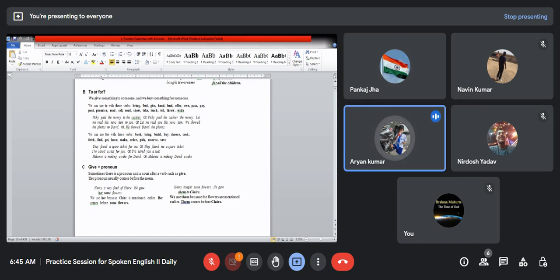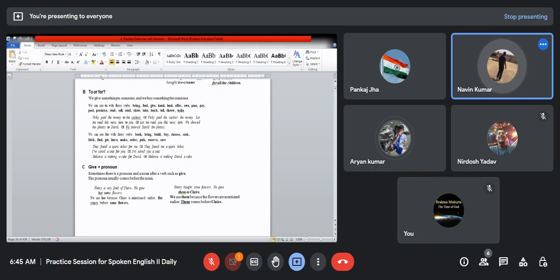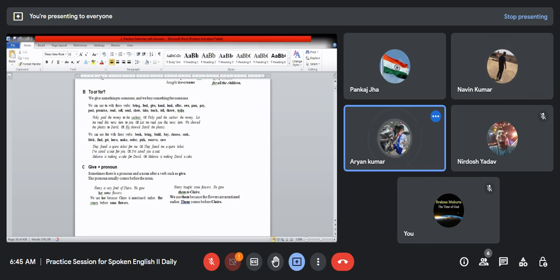My cycle is red in color. It has one stand and it has two brakes.